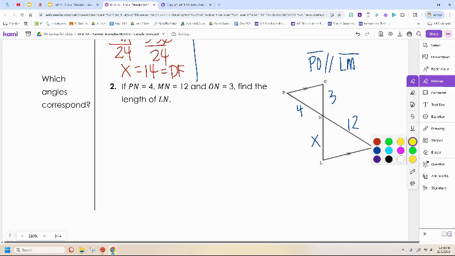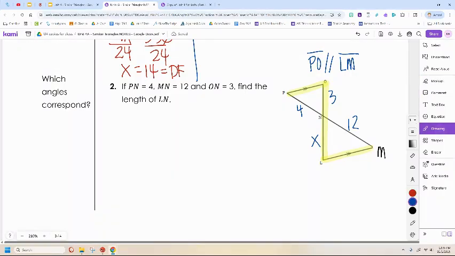then we already know we have vertical angles, right? That's a set of angles. We have alternate interior angles. And so this is where we need to be careful.